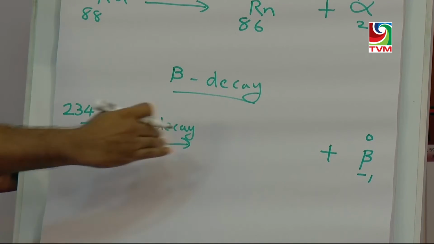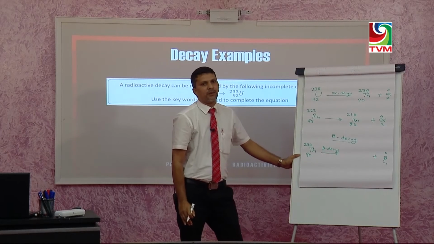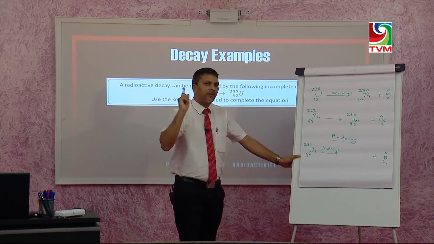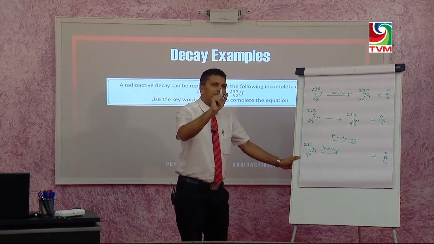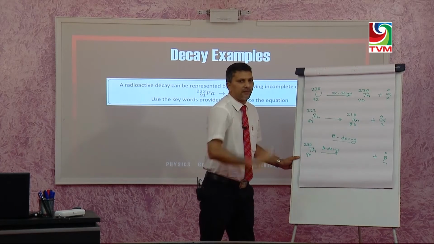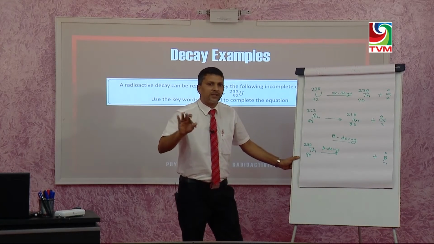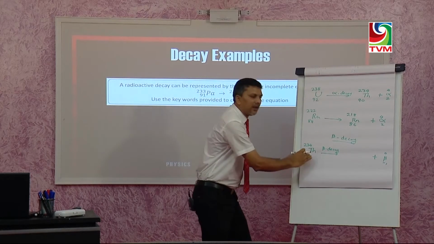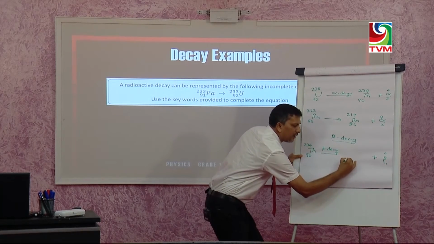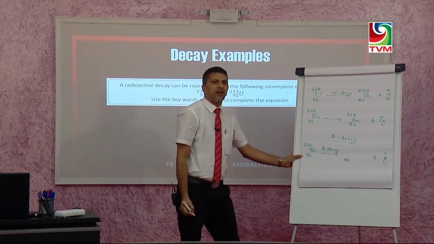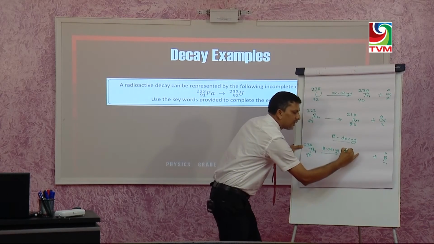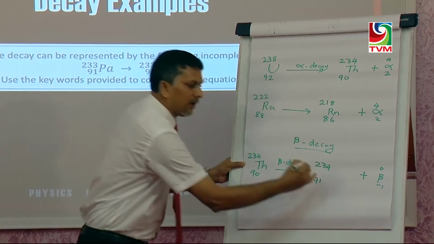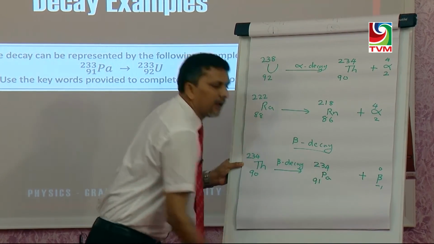So what about the new element's atomic number? Previously we discussed that when a beta decay occurs, atomic number increases by 1 and mass number has no change. So 90 plus 1, 91. And mass number, there is no change, 234. That is the new element protactinium, Pa.